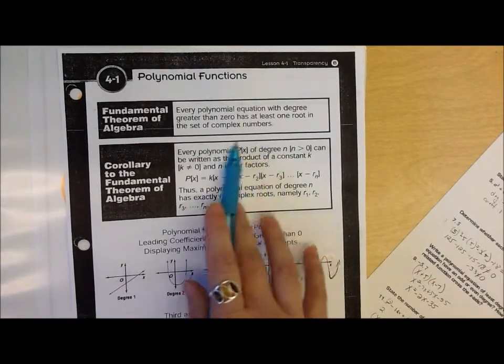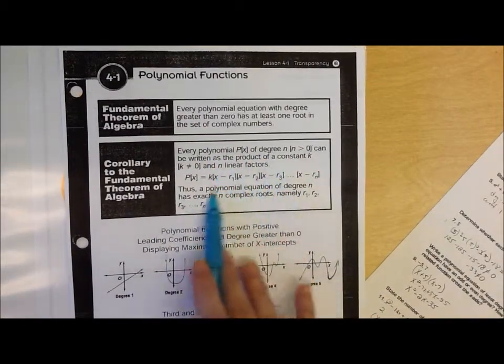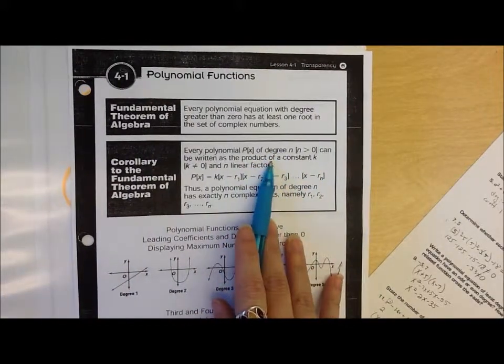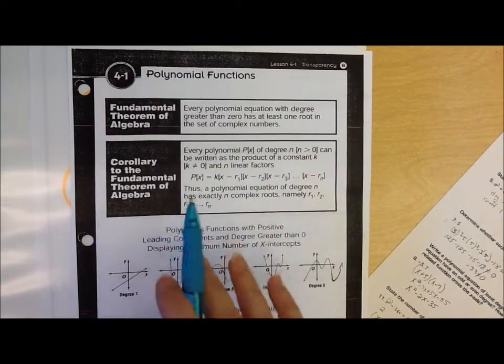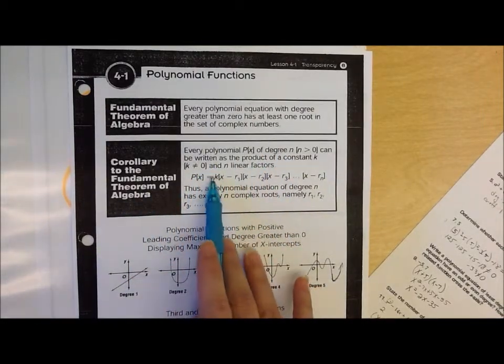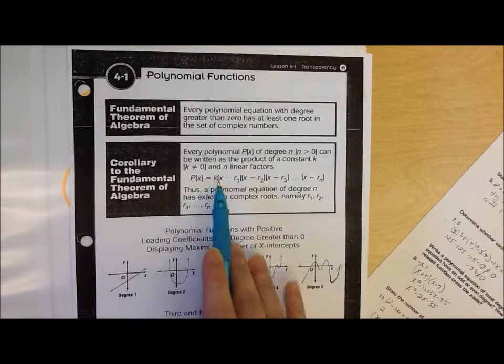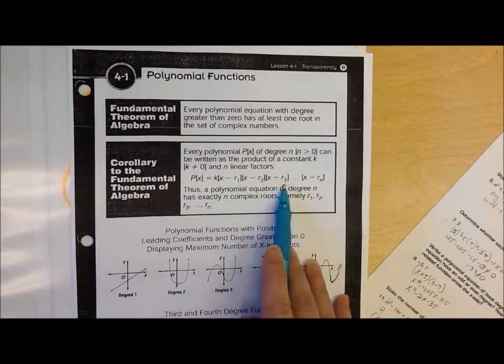So if you have a polynomial of whatever degree, it could be to the 5th power, it could be to the 18th power, it's possible to break it down into its component factors. It's always possible to break it down to some constant, some number, and linear first degree factors.